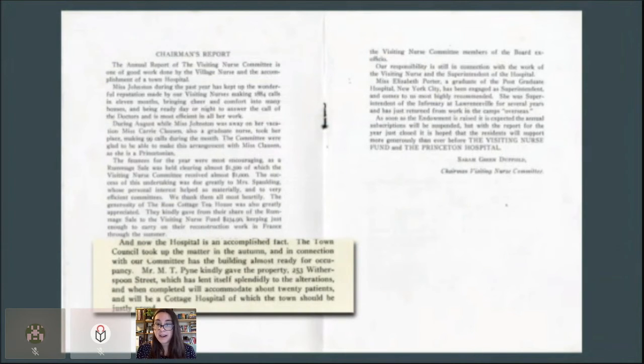Mr. M.T. Pine, Moses Taylor Pine, kindly gave the property 253 Witherspoon Street, which has lent itself splendidly to the alterations and when completed will accommodate about 20 patients and will be a cottage hospital of which the town should be justly proud. So at this point, the wheels were turning to get Princeton a hospital.